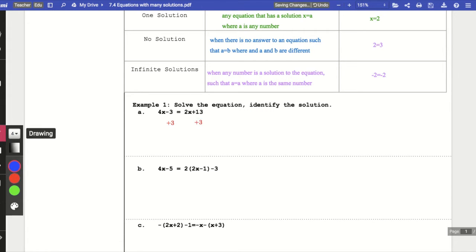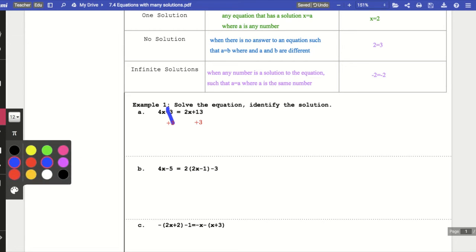When I add 3, it cancels on the left, and I get 4x is equal to 2x plus 16. So let's write that. Now I have 4x is equal to 2x plus 16. I need to get my variables on the same side, so I'm going to subtract 2x from both sides.